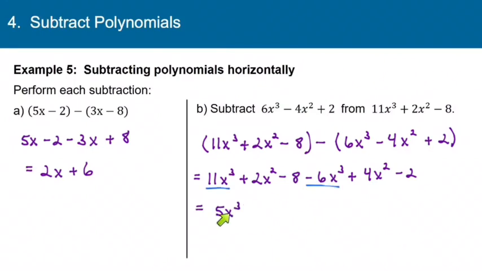Together those make 5x to the third. Then for our x squared terms, we have 2x squared and positive 4x squared. Together they make positive 6x squared. Then for our constants, we have negative 8 and negative 2. Add those together and you get negative 10. So I'm going to write here minus 10. And that's all there is to subtraction.